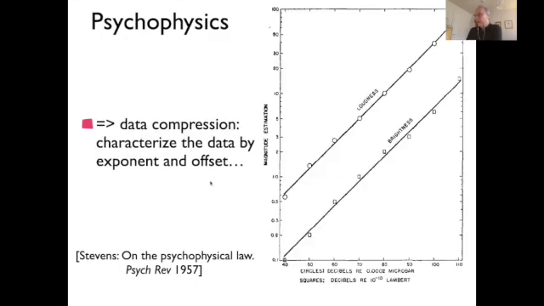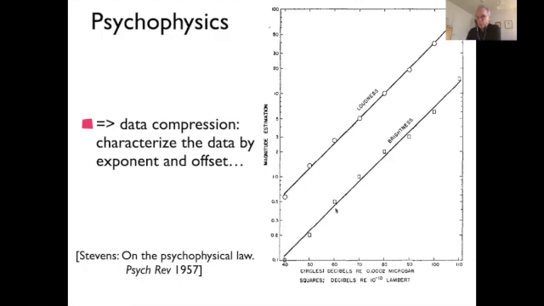So this is an example of a law, a relationship between two different things, and you could compress that data by just describing parametrically that law, right? You could, for instance, estimate the exponent, as I just said, and maybe the offset. And with these two numbers, you would compress this data.